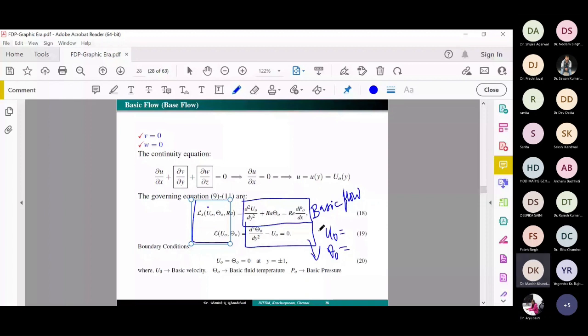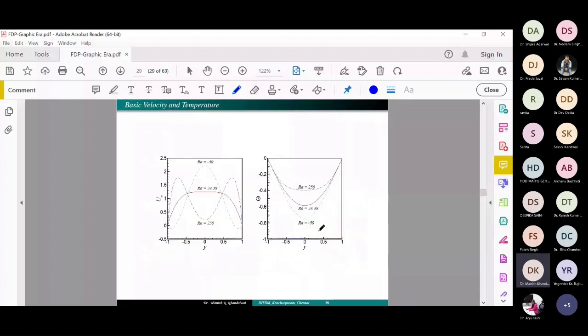Now when we analyze the basic flow, these are the basic flow features. For a channel problem, it gives some structure, and that structure gives points of inflection in the basic flow velocity profile.